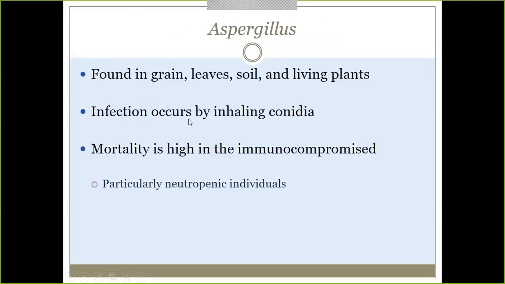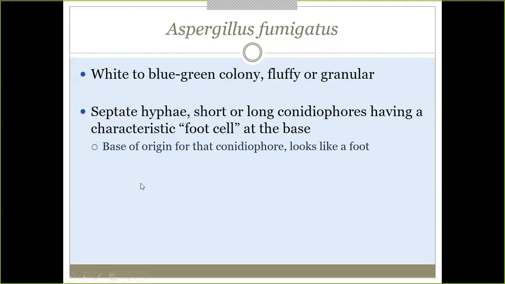All right, so starting with Aspergillus, found hugely outside in the environment, just like a lot of these others. You inhale the conidia, that's how you get the infection. If you are immunocompromised and pick it up, it has a high mortality rate, unfortunately. The first Aspergillus that we know here is Aspergillus fumigatus. On the colony, it's white to blue-green.